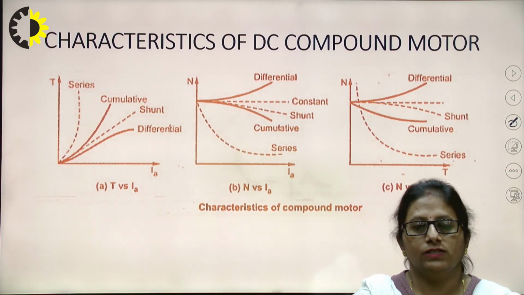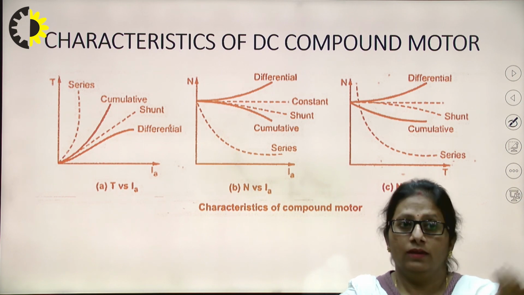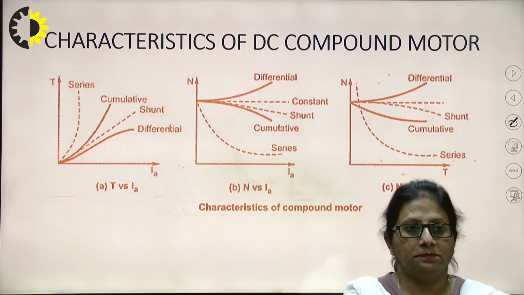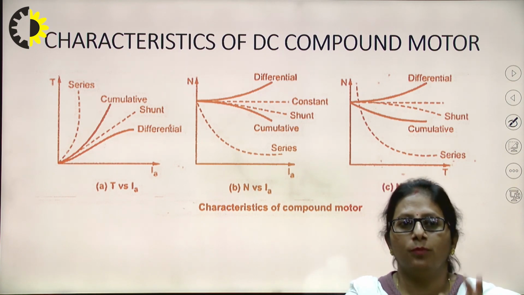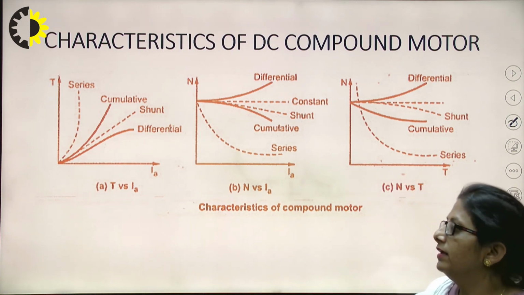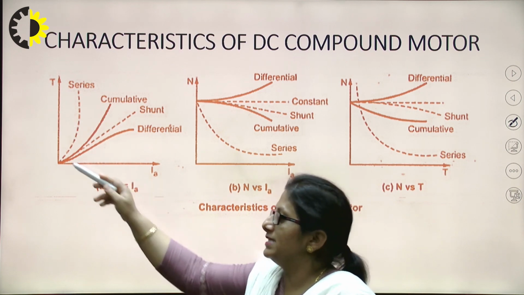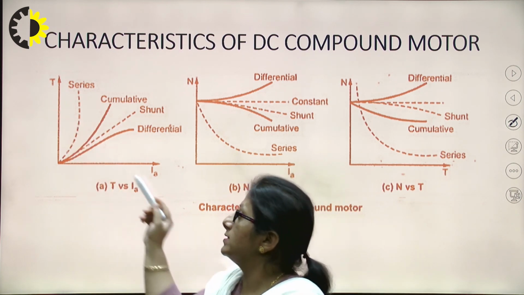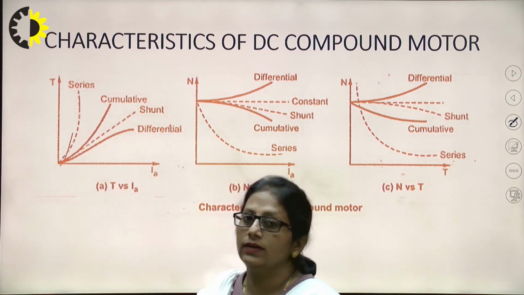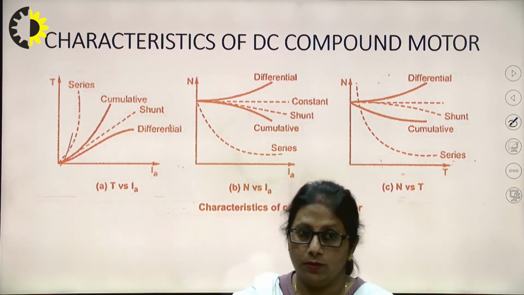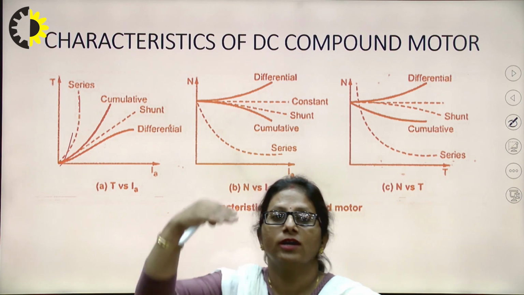Now, the characteristics of the DC compound motor, cumulative and differential. For that, we require all four on the same plot, just to understand this. Here, this is torque versus armature current. The first one is the graph for the series. It gives us the highest starting torque because the torque is proportional to the armature current squared.